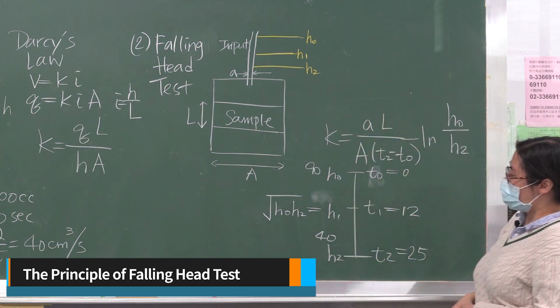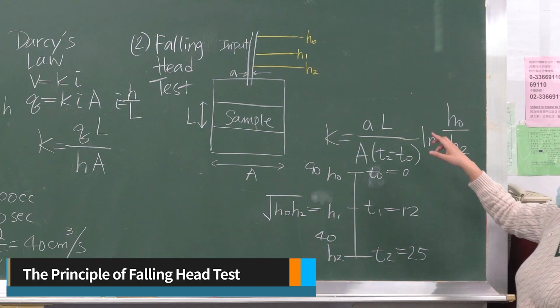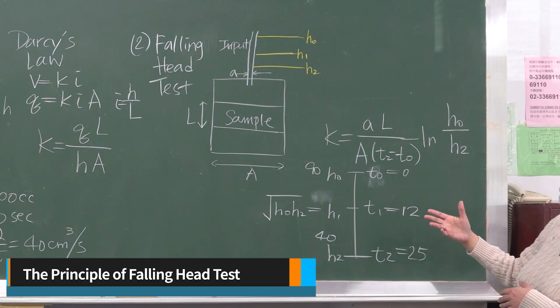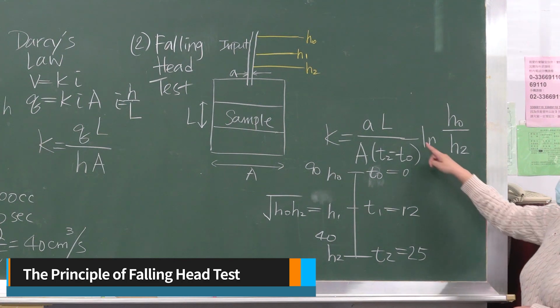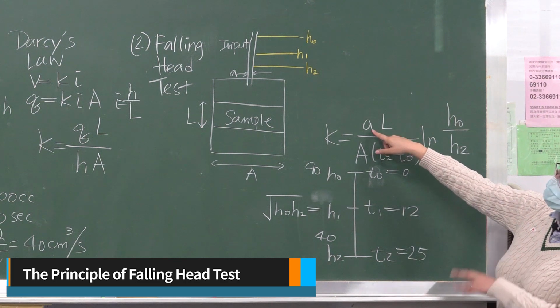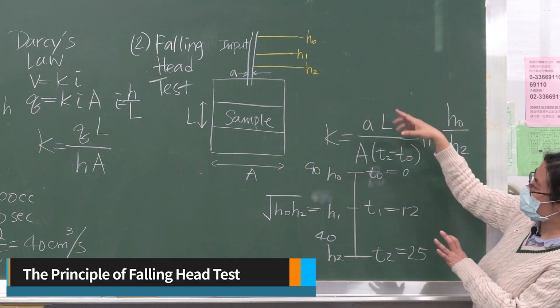Again, using Darcy's law, you can derive the equation that you need to calculate K. The derivation should be available from your soil mechanics textbook, and it will be given by this equation. Small a here is the cross-sectional area of this tube, and L is the length of the sample.